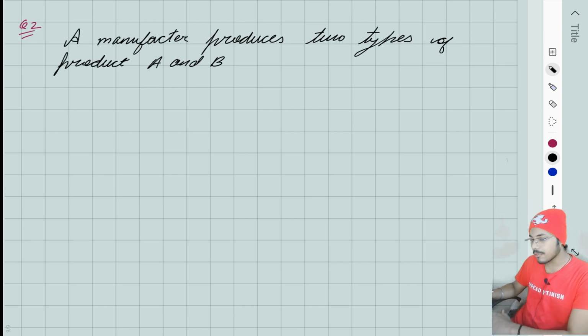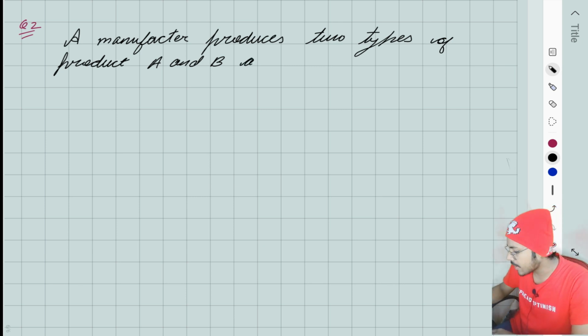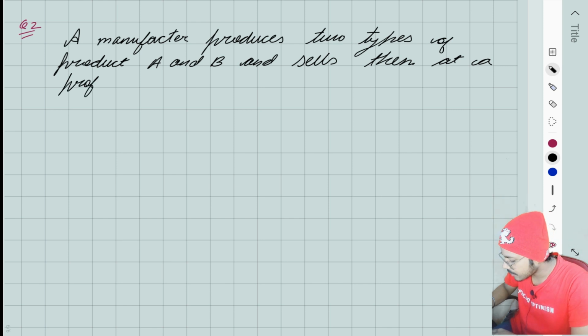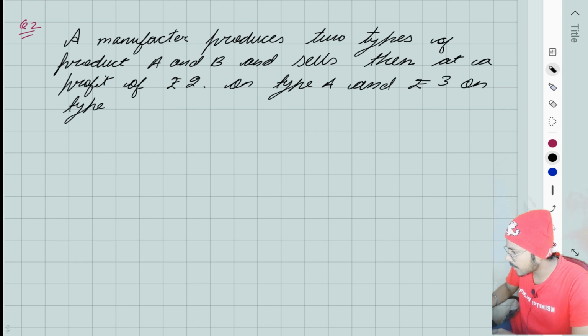I am doing it for you for your practice. See how I am thinking to solve the problem. And sells them at a profit of ₹2 on type A and ₹3 on type B.